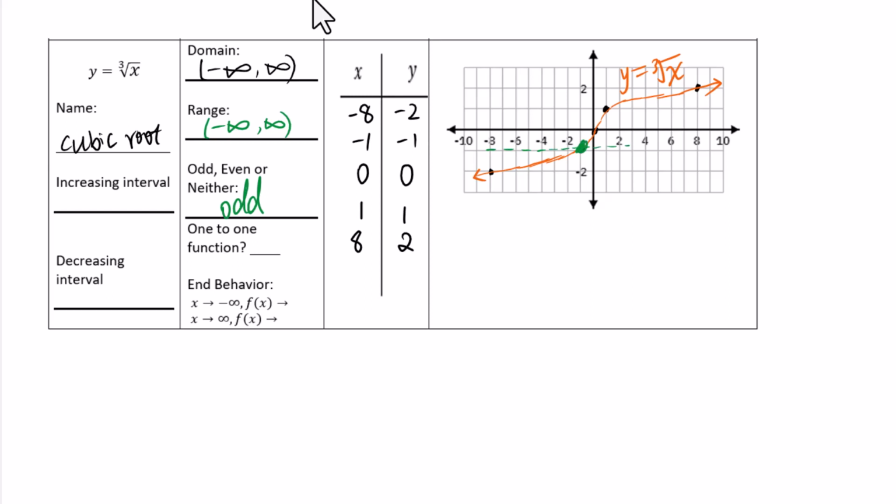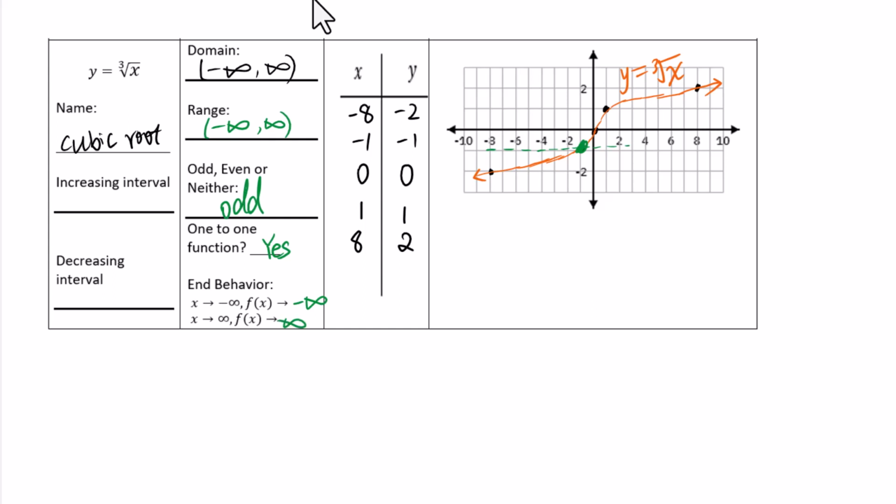Only one intersection. So this is a one-to-one function. When x approaches negative infinity, f of x approaches negative infinity. X approaches positive infinity, f of x is approaching positive infinity.